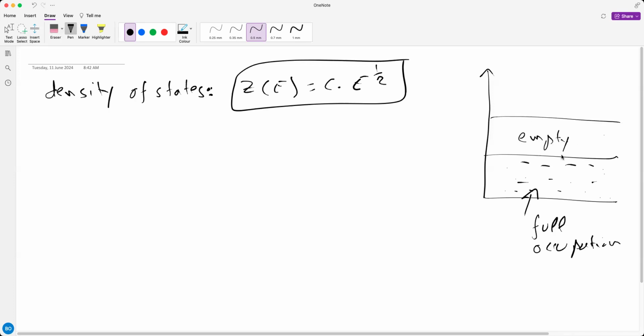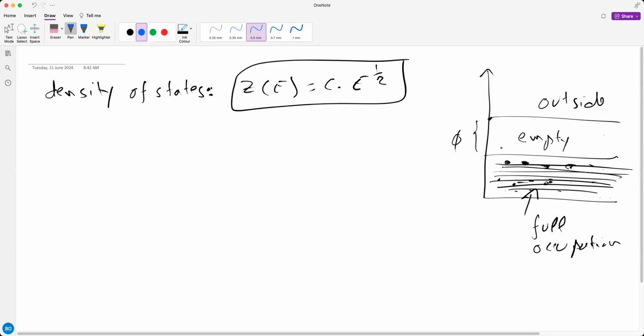It is allowed, but it's empty. And then you have, of course, outside the metal. And we have seen that this is the work function. Okay. So now, how do we know that those areas, so let's say this is a state, this is a state, this is a state. So all those states are occupied by electrons, but those states are empty.